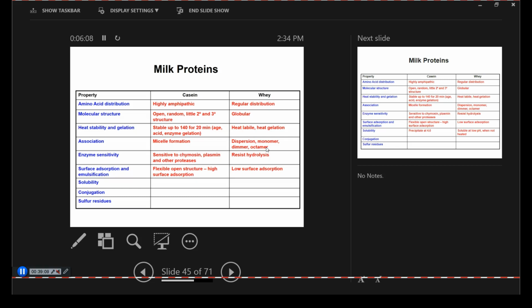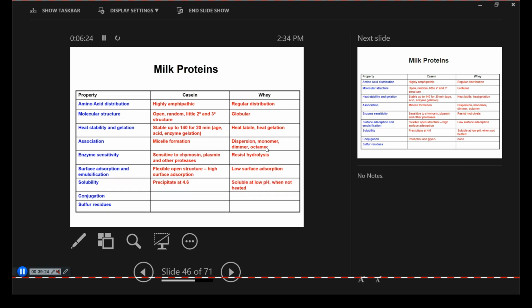Okay, solubility. What are the differences? Whey is very soluble, and casein has the kappa casein making it soluble. Sure. So whey protein is soluble over a broad range of pH, even at low pH, close to the isoelectric point, unless it's heated.